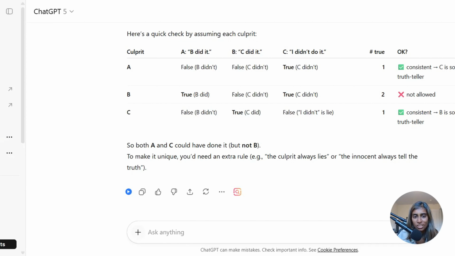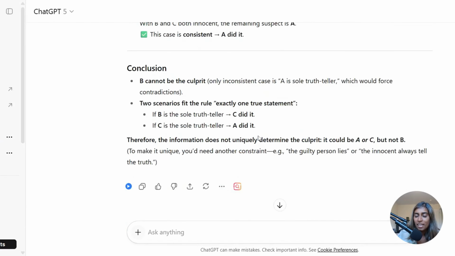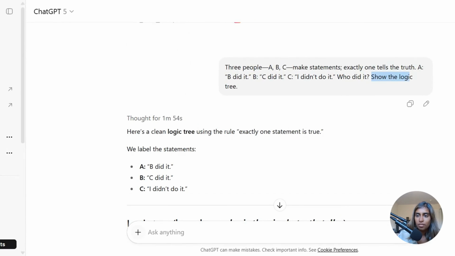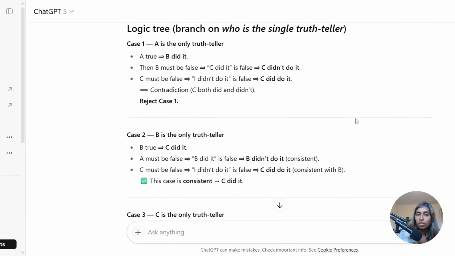My apologies. But the tip here for logic puzzles is to tell ChatGPT to draw out possibilities every step, step by step. And this is how you train your logical reasoning, not just get the answer. So my tip is to ask it to show the logic tree.